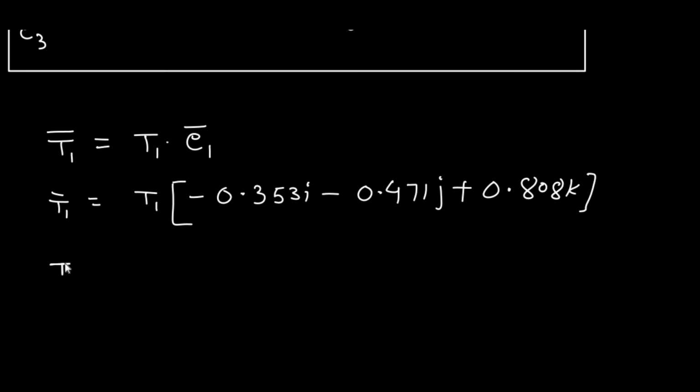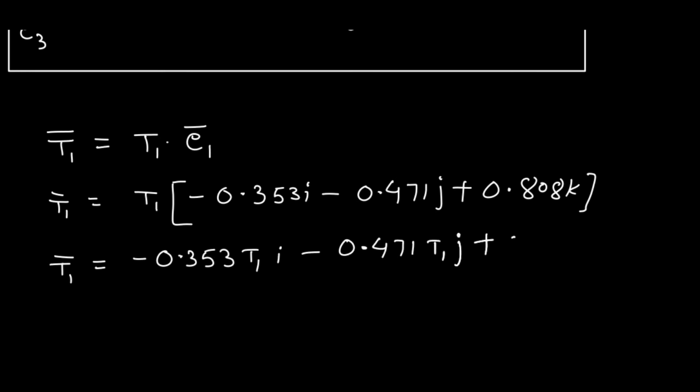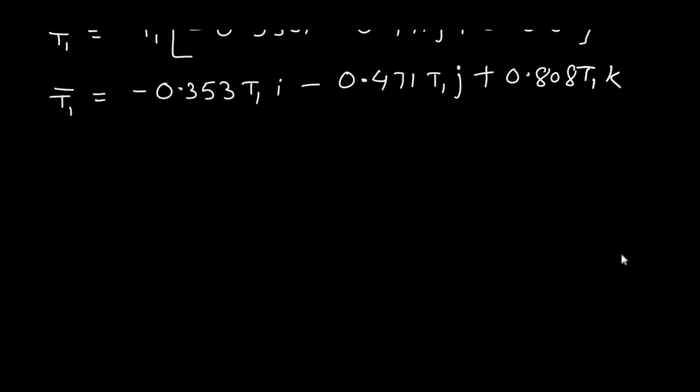So we are getting the relation, after multiplying by T1, as minus 0.353 T1i minus 0.471 T1j plus 0.808 T1k.